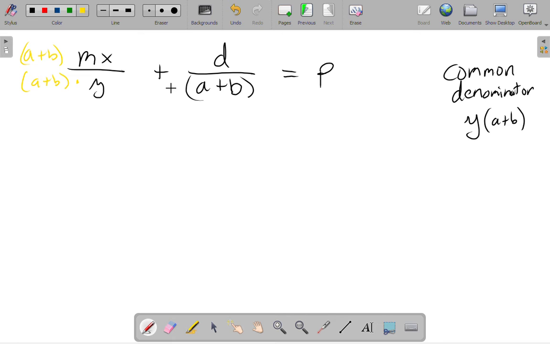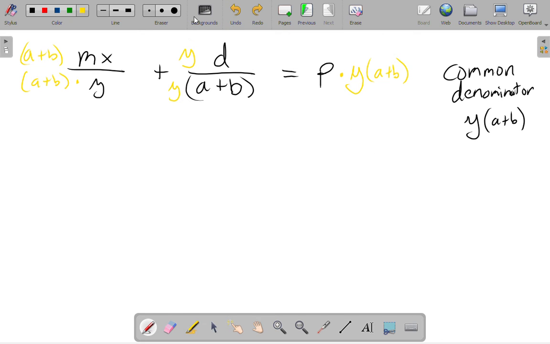The a plus b is missing a factor of y, so I need to multiply by y. And then what do I multiply this p by? The whole denominator, right? Because it really has a denominator of 1. So every term needs multiplied by what?